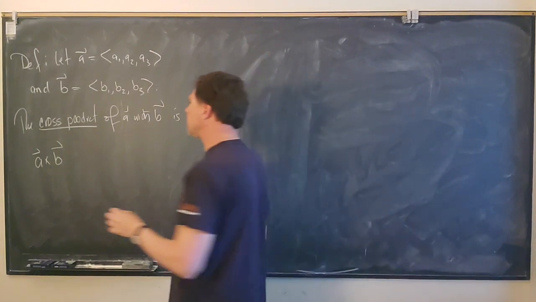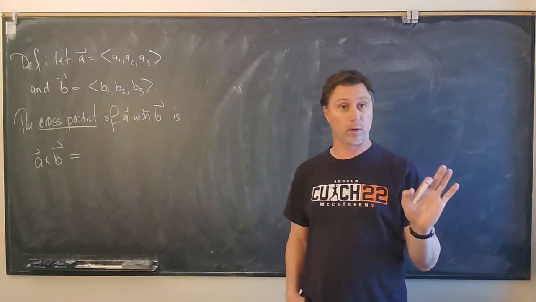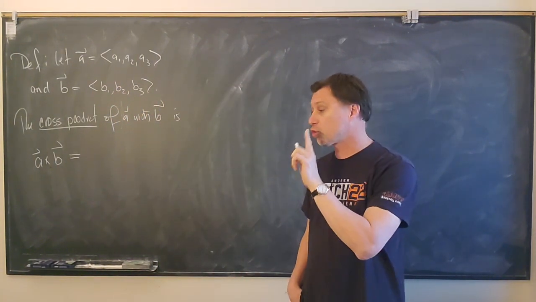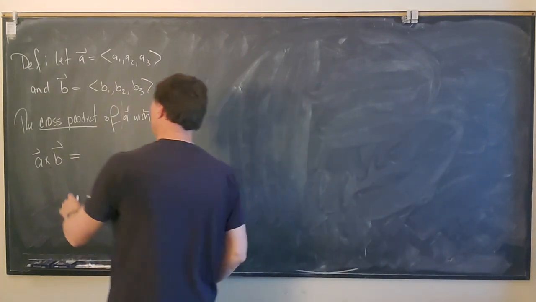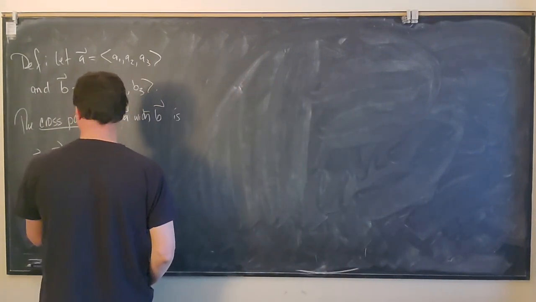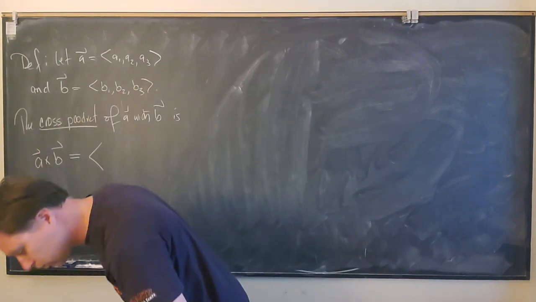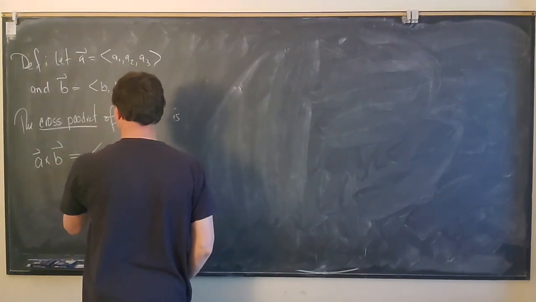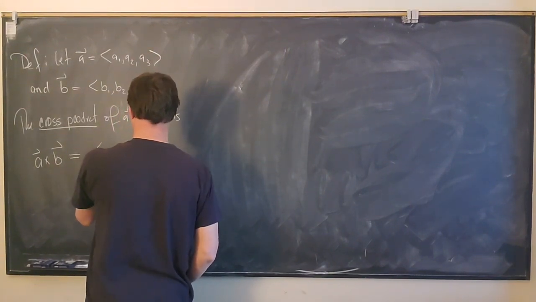And in this case, remember when we did the dot product of two vectors, it was a number. This is going to be a vector. So the cross product of two vectors is a vector. And the formula is fairly complicated looking. So it goes like this. A2 B3 minus A3 B2.